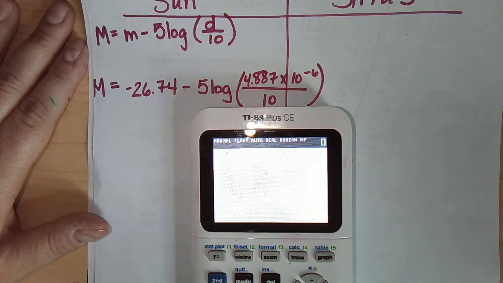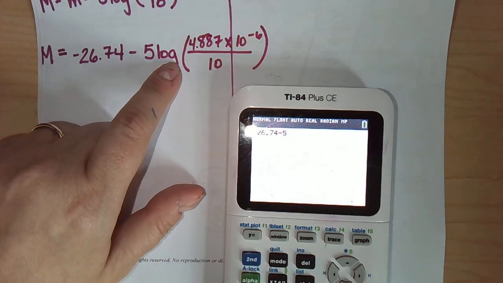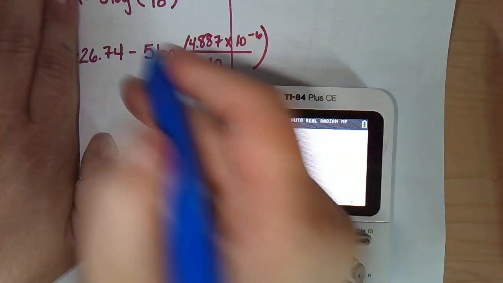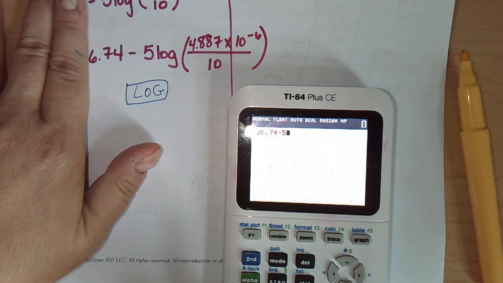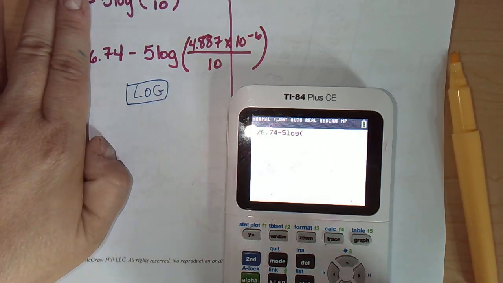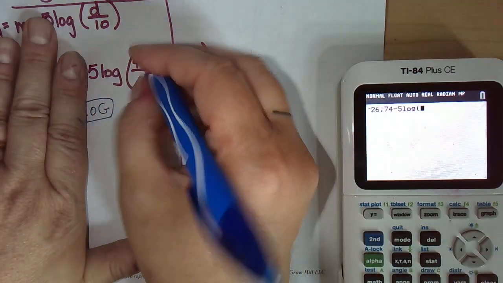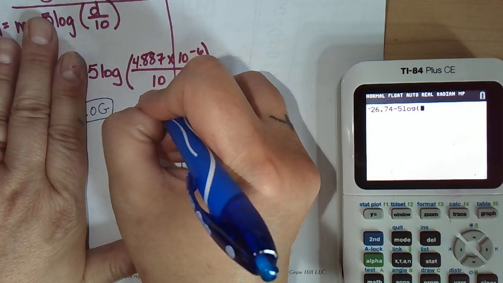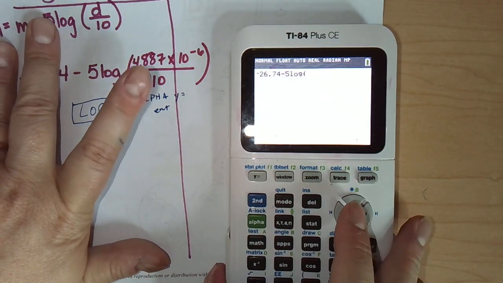Just on your blank screen. This log does not have a subscript, so I'm just going to use the regular old log button. Then I'm going to press alpha y equals enter to get this nasty stuff.